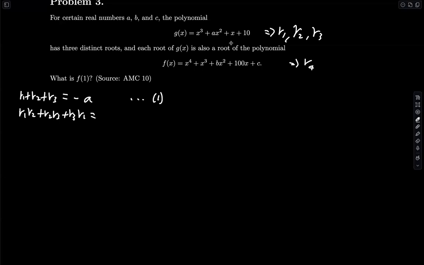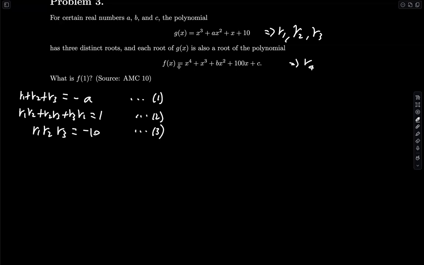And that should be equal to just 1. And the last equation that we can get is r sub 1 times r sub 2 times r sub 3, which is equal to negative 10, using Vieta. That's the third equation.